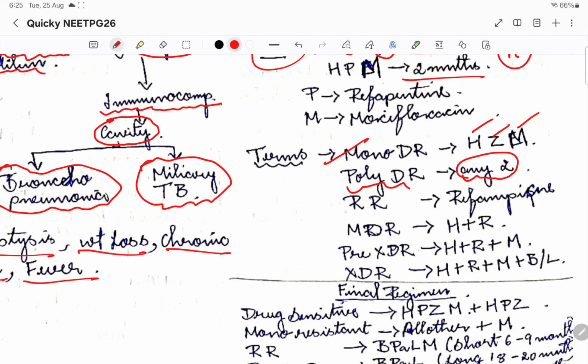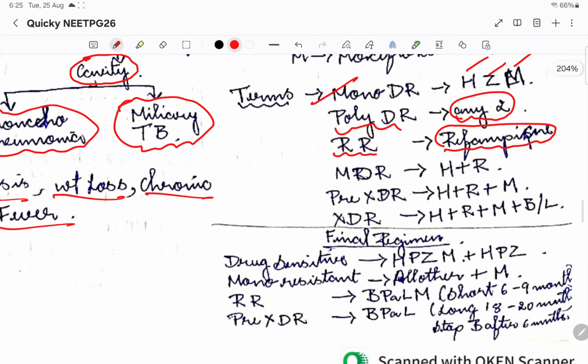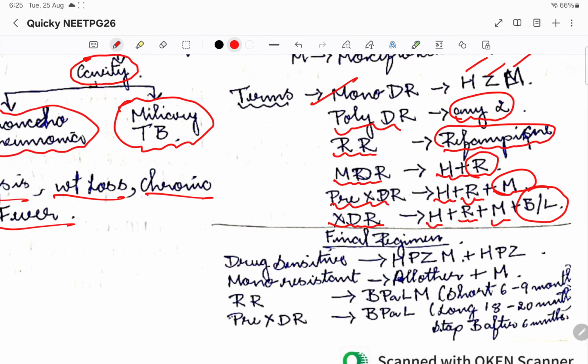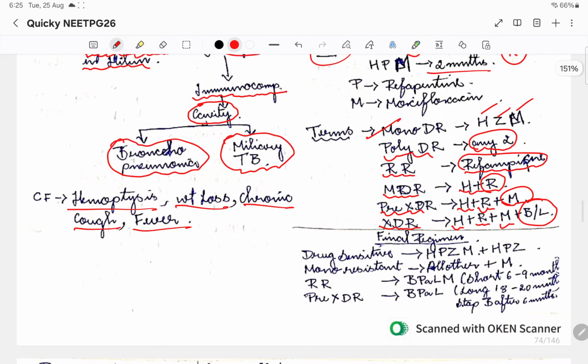Rifampicin resistance, I told you, is rifampicin alone being resistant, whereas MDR, multi-drug resistant, means isoniazid along with rifampicin is resistant. Pre-XDR means isoniazid, rifampicin along with moxifloxacin. XDR TB means isoniazid, rifampicin, moxifloxacin along with bedaquiline or linezolid. These are the terms that you will have to remember with respect to all the types of TB.